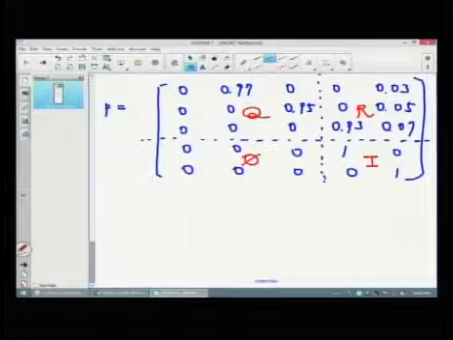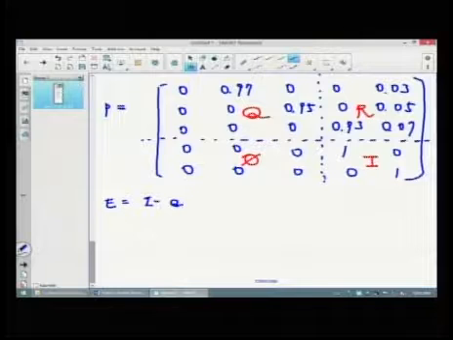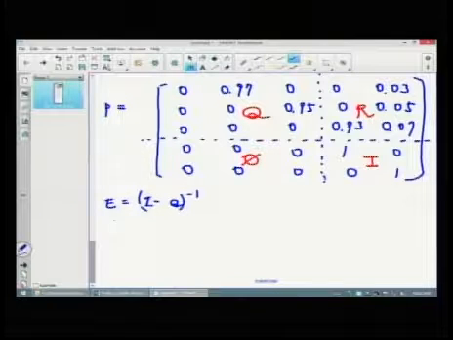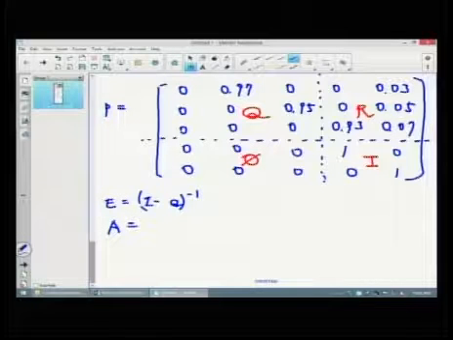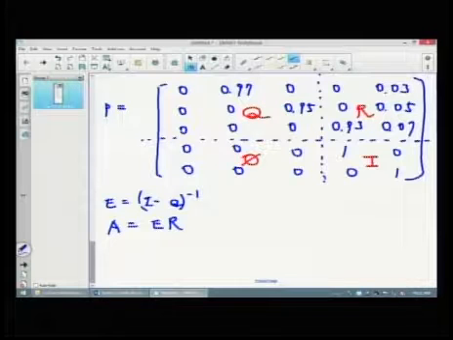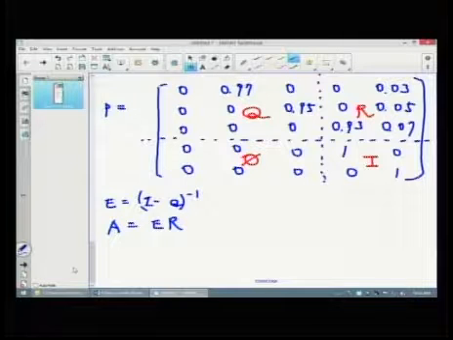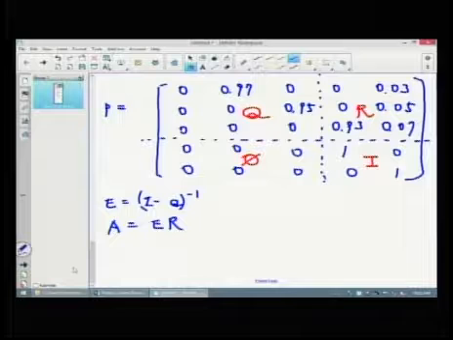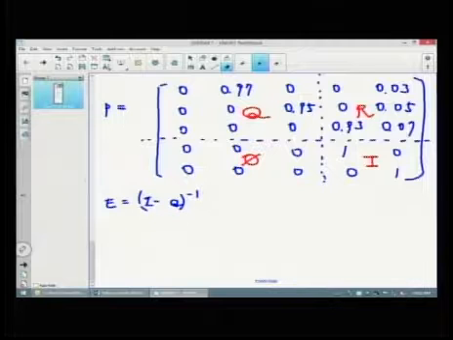So again, we need to have the E matrix first, and right after that, we are able to get the A matrix. So could you give me the numbers? I need to move this down a little bit.